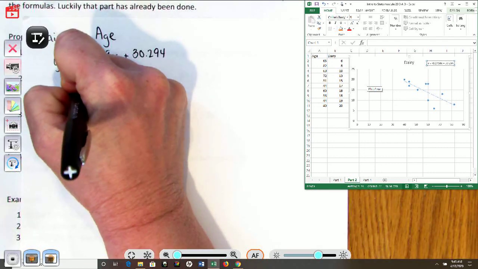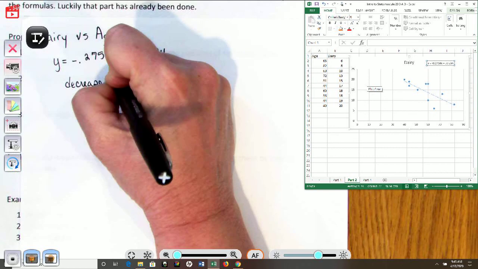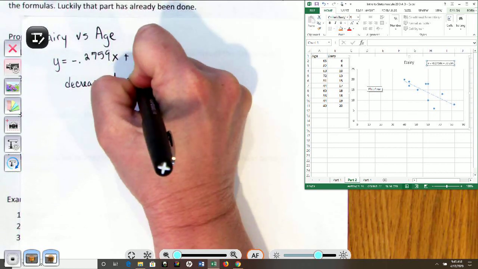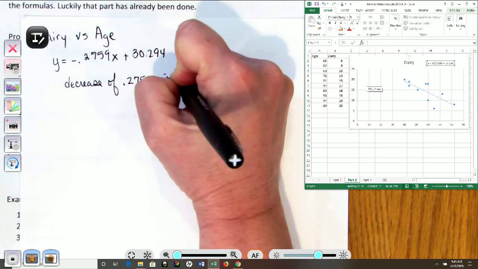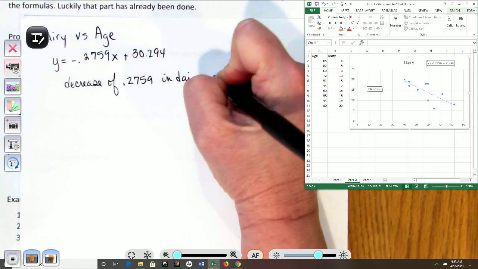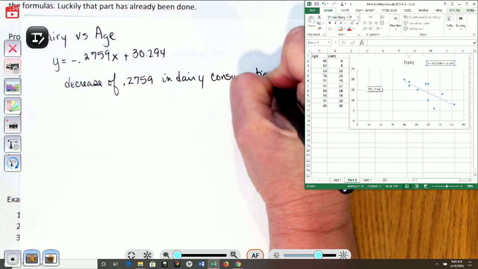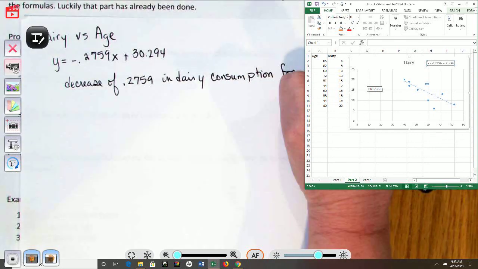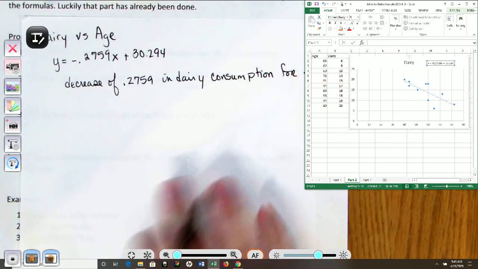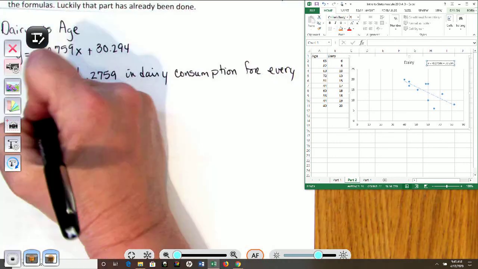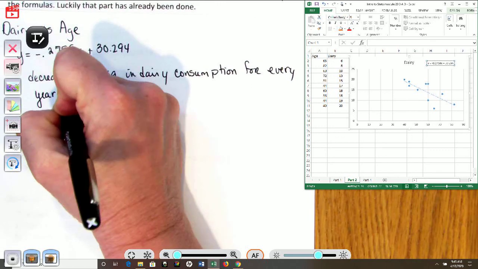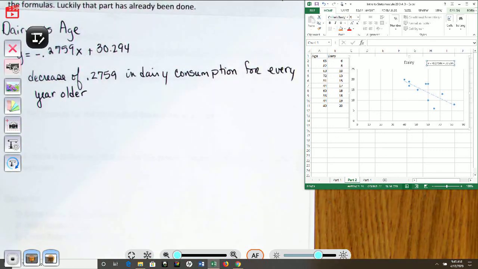So we will be seeing a decrease of 0.2759 in dairy consumption, or whatever that consumption, for every year older. So as you get 1 year older, your intake decreases by 0.2759 units, whatever those were measured in.